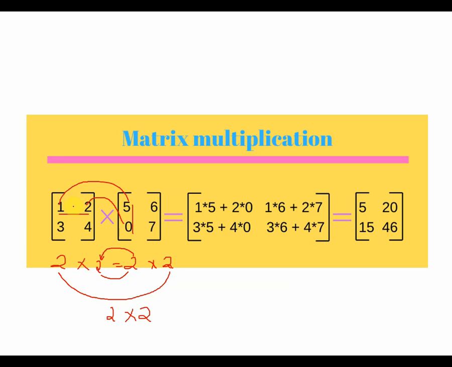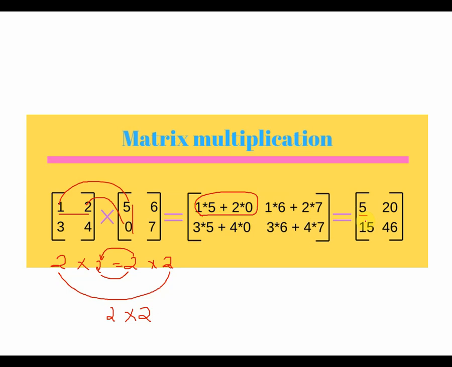So basically it will be 1 into 5 plus 2 into 0. That will be my first element over here in the resultant matrix. So 1 into 5 is 5 plus 2 into 0 is 0. So 5 plus 0 is 5.